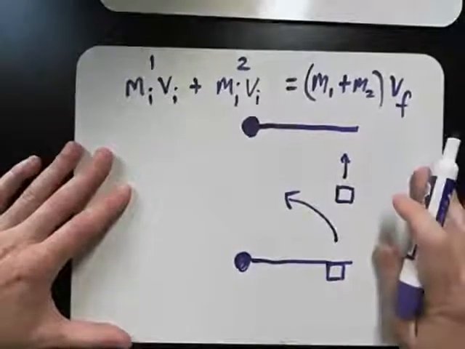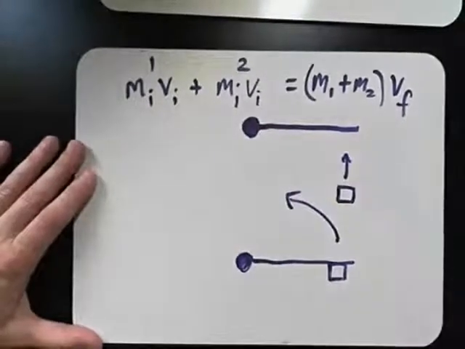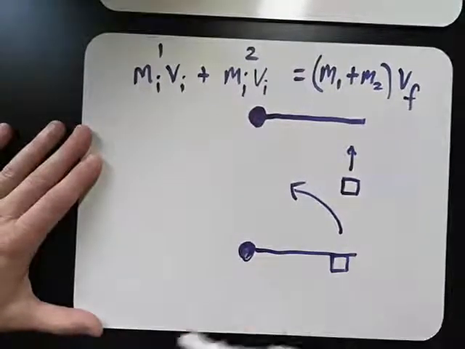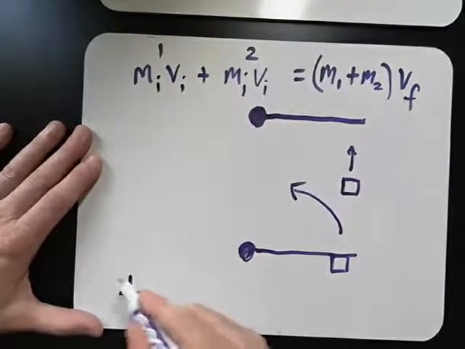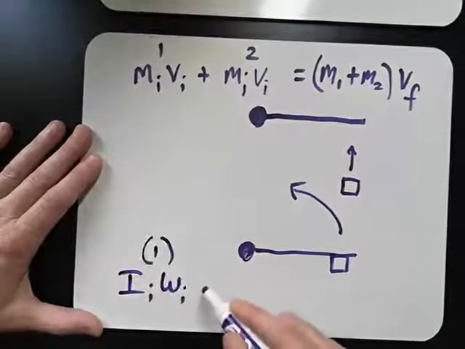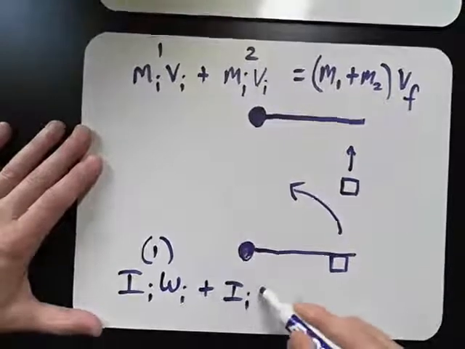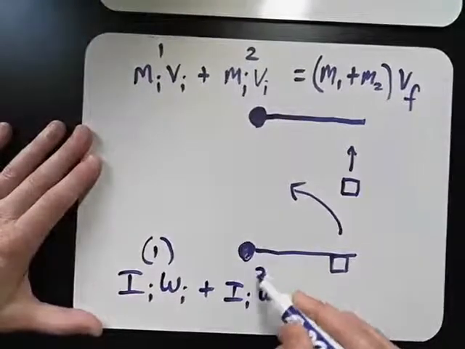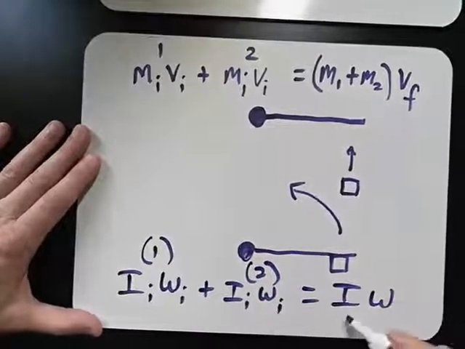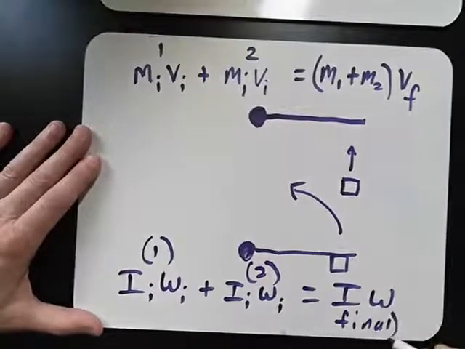What we want to do here is take a look at the angular momentum conservation. So we could have something like, for angular momentum, I initial, omega initial of the first object, and I initial, omega initial of the second object. And then at the end, there's just some total final thing, because they're stuck together.